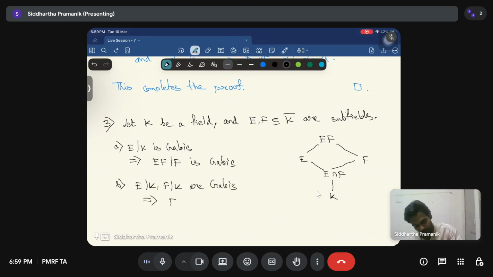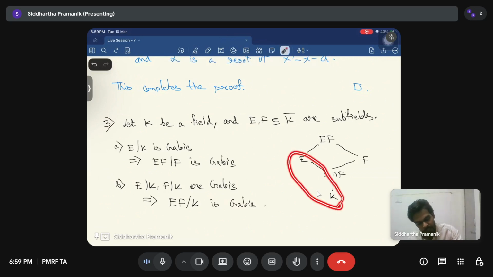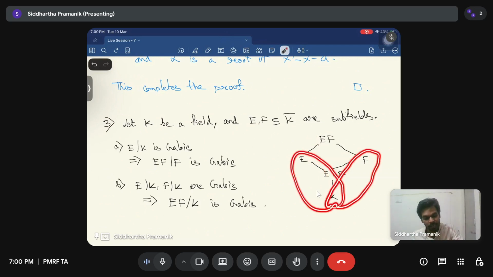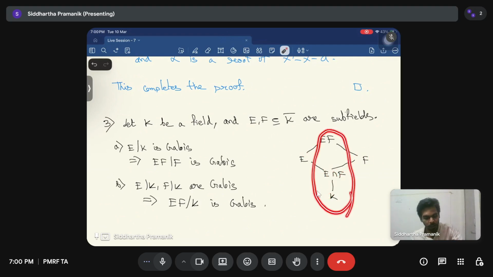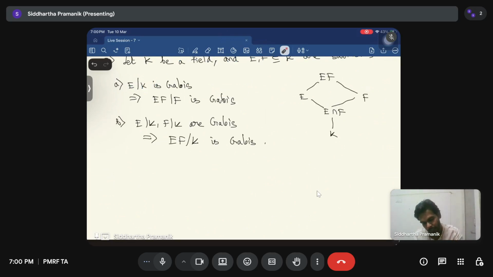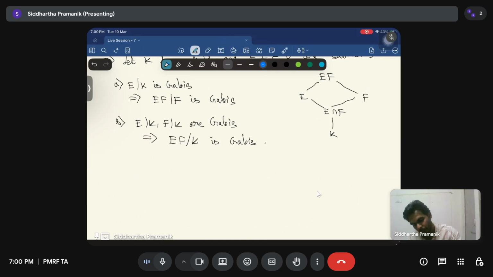This will imply the composite is Galois over K. So if this extension is Galois, then this extension is Galois. This is the first statement. And if this one and this one are Galois, then this bigger tower is Galois. So I think this second part we have proved, I think, in the lectures, but maybe we can do it here also.